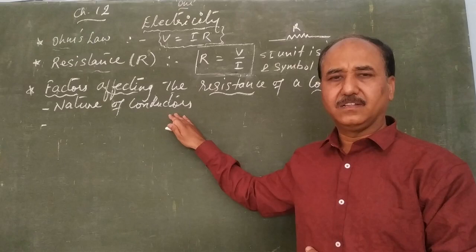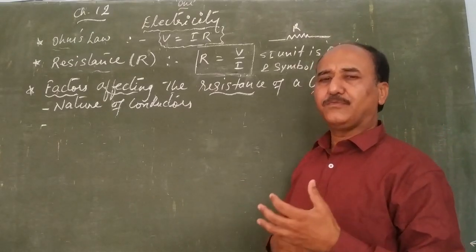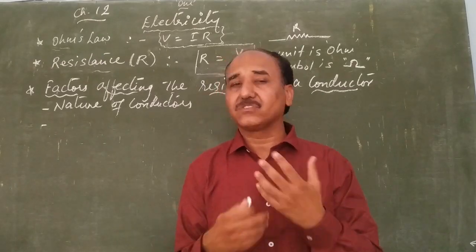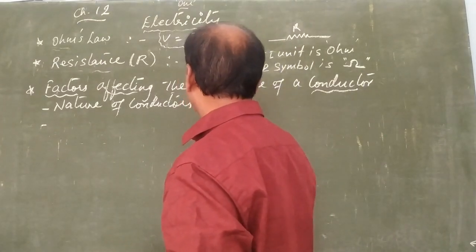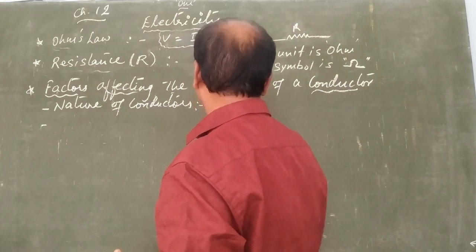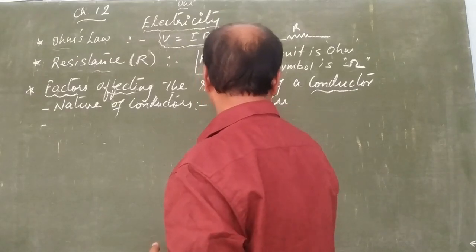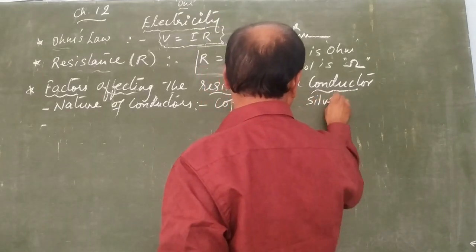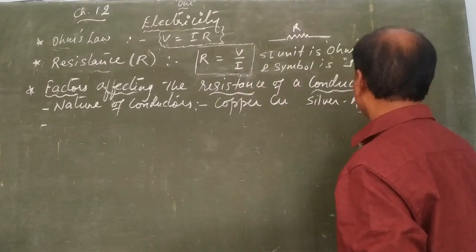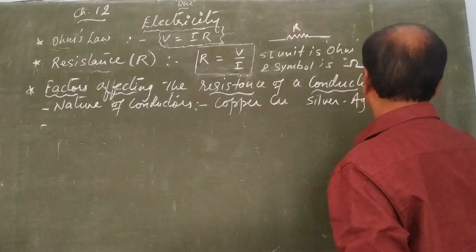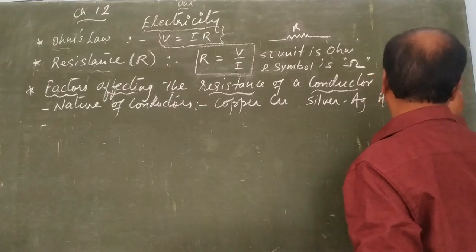First is the nature of the conductor. The nature of the conductor means there are different conductors. As we already studied, conductors of different types such as copper, Cu, then silver, Ag, aluminium, Al.